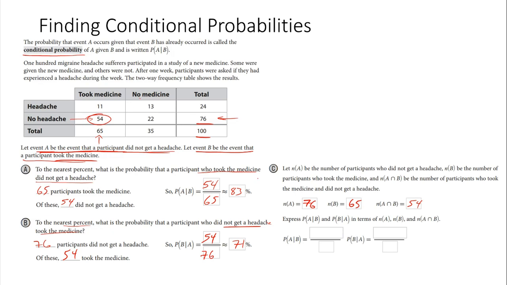When we're expressing the probability of A given B or vice versa, we really have to be aware that the probability of A given B is going to be the number of elements in the intersection of A and B divided by the number of elements in the given event.